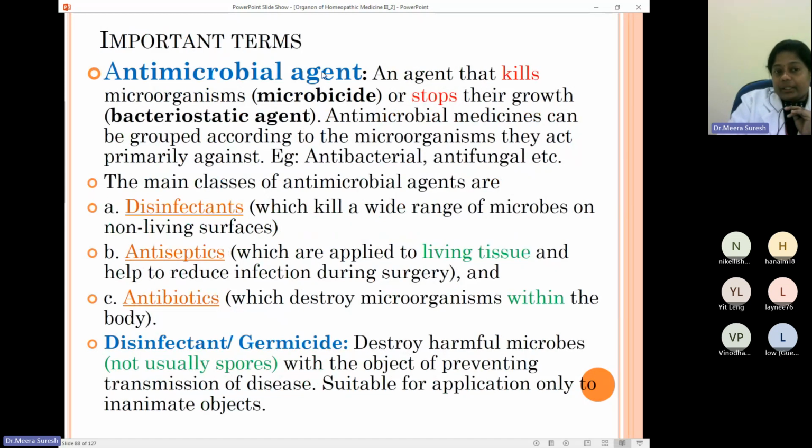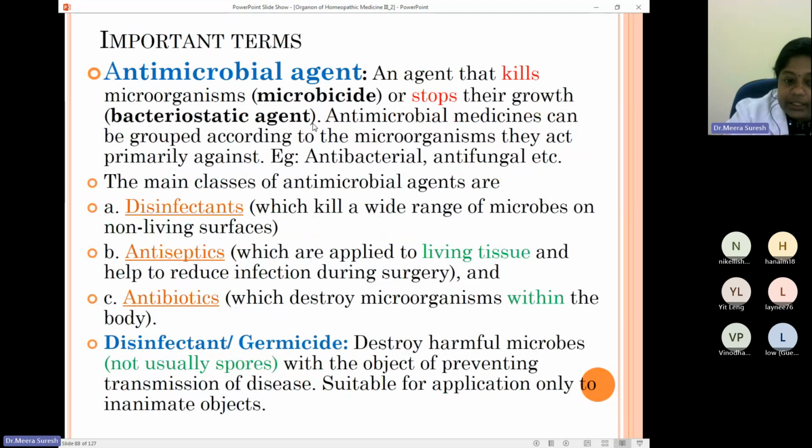The antimicrobial agent. The word itself tells you it is against the microbe. So this is an umbrella term. It is an agent that can kill microorganisms, so we call it a microbicide or cide, which means killing, or it can stop their growth, and then it is called a bacteriostatic agent.